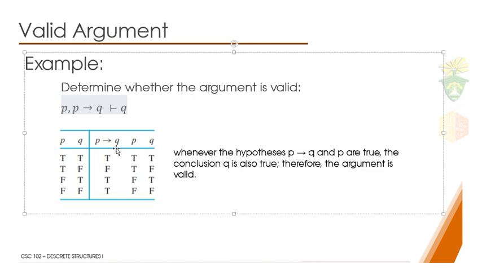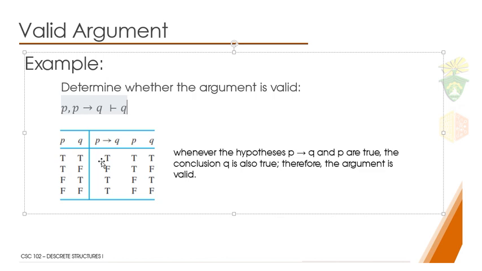So there is a combination wherein all of them are true. But that does not yet make it valid. We must find out whether there is a row where the premises are true but the conclusion comes out false. Looking at the other rows, this is FT, this is TF, and this is TF. So there is no other row where all the premises are true, which means this is a valid argument. Again, let me explain: we need to find the row where all the values are true.